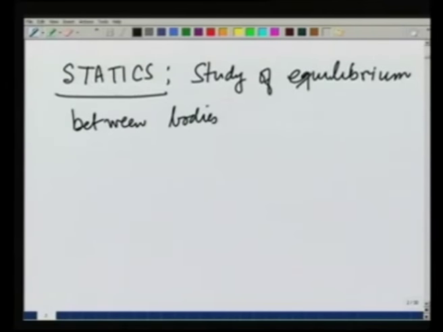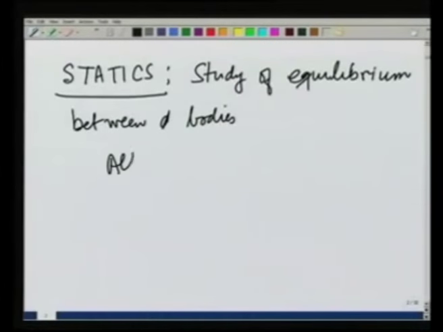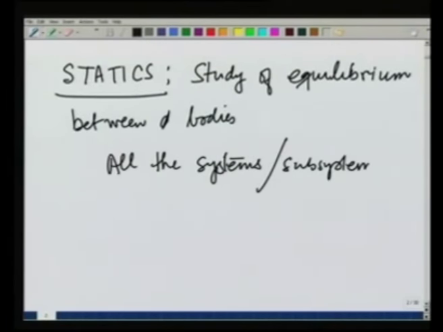When we say equilibrium, in general it means that there is no acceleration on any part of the system. In statics, we will specifically be concerned with when all the systems or subsystems are not only not accelerating, but are static. That is, they are not moving.